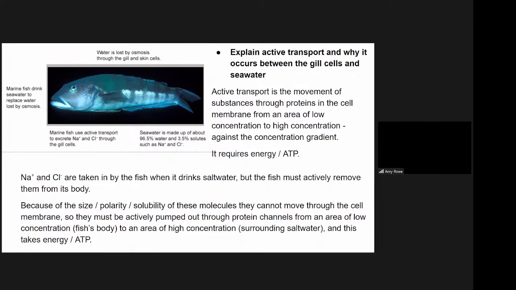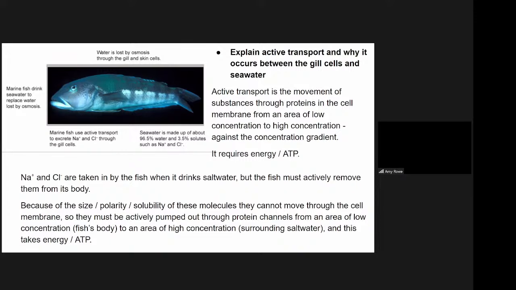ions from its body. Because there is a higher concentration of sodium ions and chloride ions in the seawater than inside the fish, it needs to use active transport to move the sodium ions and the chloride ions from an area of low concentration inside its cells to an area of high concentration out in the seawater.